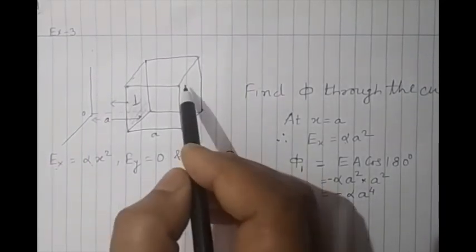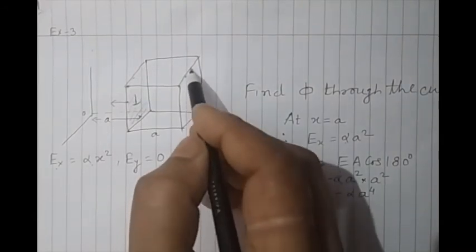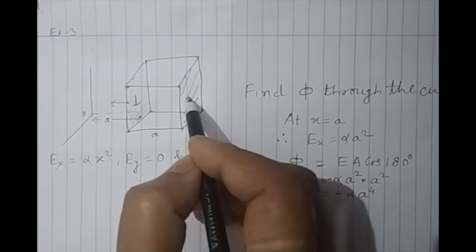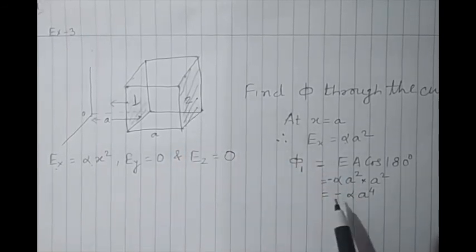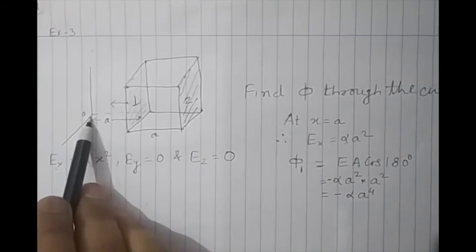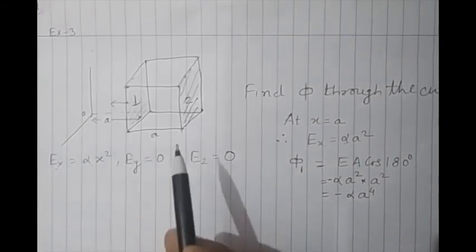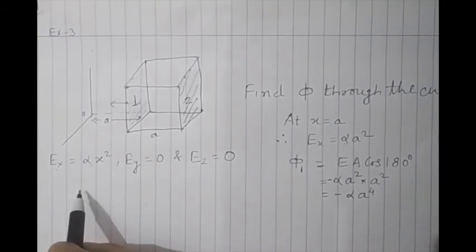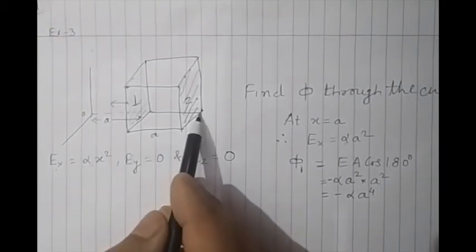Similarly, electric flux through this surface. Suppose this is the second surface. The second surface is at x is equal to 2a distance. So we can find the electric field at x is equal to 2a.